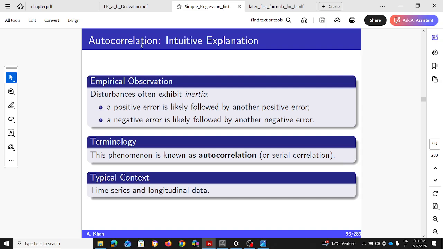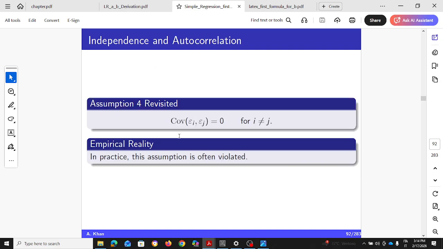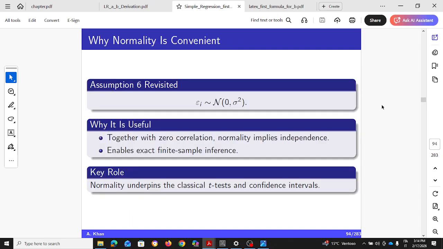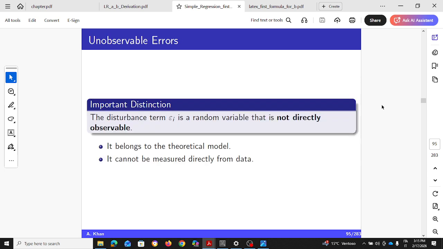When you have a time series of data, maybe there is a sudden crash in the market. It follows this, so maybe next week we can expect another crash. Crash is what? Is an external effect. So sometimes this covariance or correlation is not equal to 0.